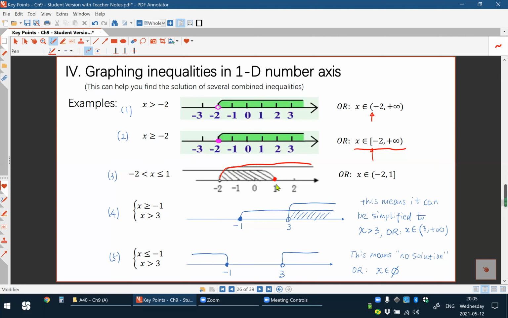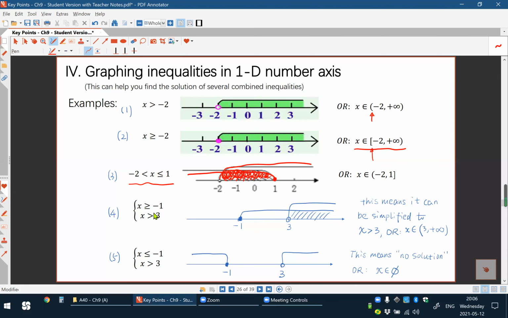That means x could be 1 or any number below 1, right? And the intersection part here means x is greater than -2 and smaller than or equal to 1, okay? Remember that the intersection here corresponds to the expression here. Or you can also use the notation x belongs to the interval -2 to 1, okay? Left-hand side, exclusive. Right-hand side, inclusive, okay?